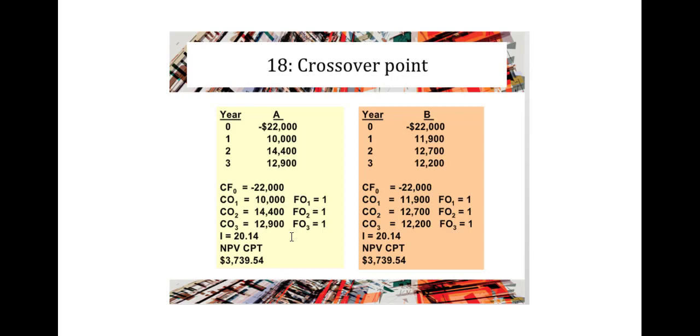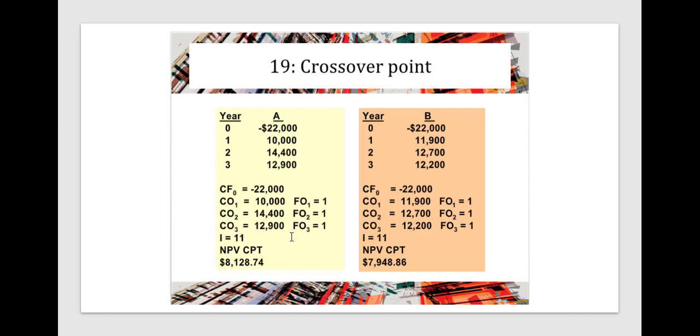So this 20.14% is a crossover point, and we are trying to know which project has the higher NPV at 11%. So we estimate NPV at 11%, and you can do it using Excel.